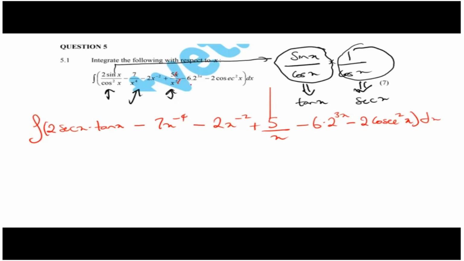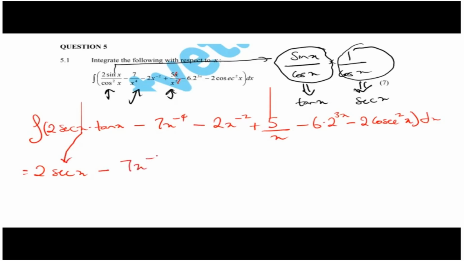So how do we integrate sec x tan x? Okay, the integral of sec x tan x, I said it there yesterday, is equal to sec x. So the integral of this one is this. Is that fine? Then how do we integrate the next term?